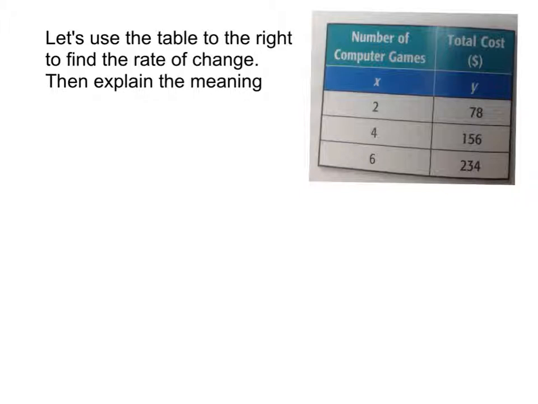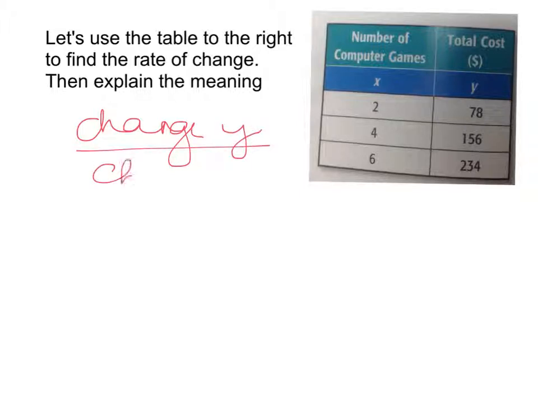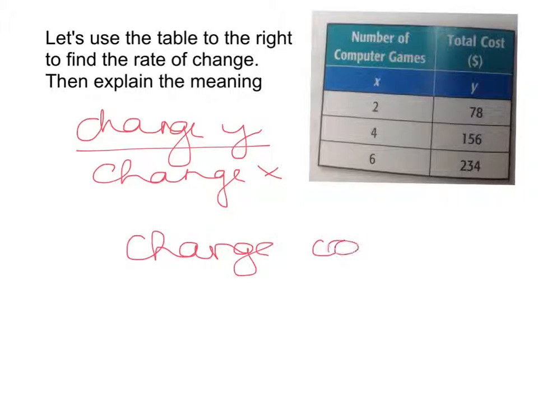Remember that the rate of change is the change in y over the change in x. So let's determine what that means. If y is my cost, so the change in the cost over the change in numbers.